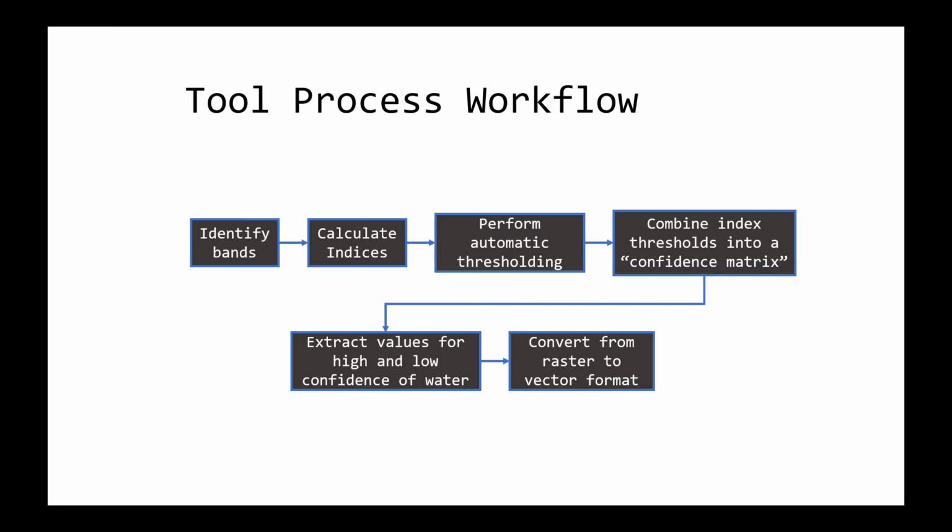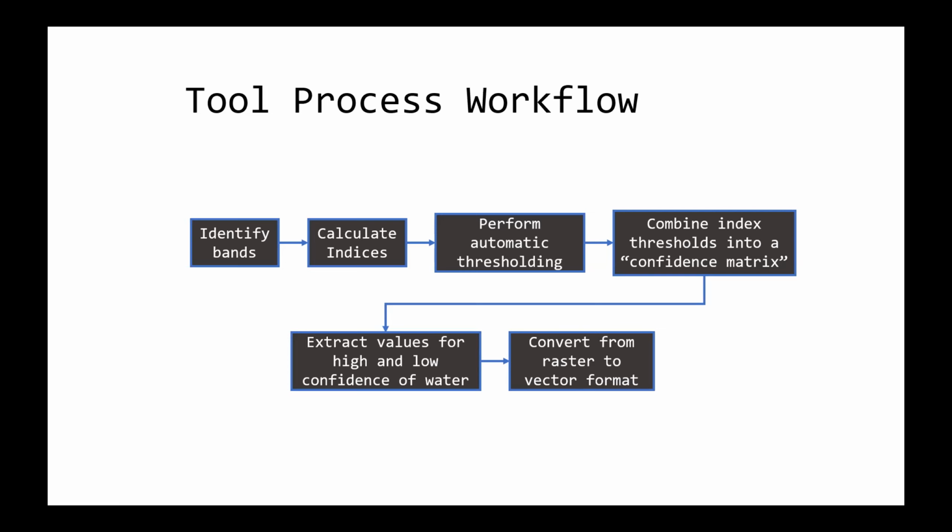Finally, the thresholds of those indices are combined into what I call a confidence matrix. Essentially, it looks at each pixel in the input image and each index of that input pixel, and determines, for instance, if there are 5 different indices and 4 of them agreed that there was water in that pixel, then there's a high likelihood that it's actually water.